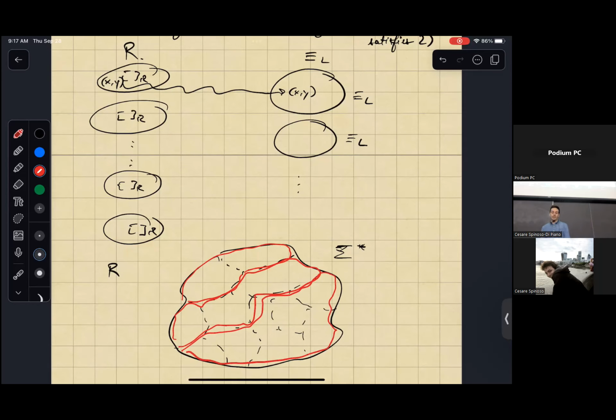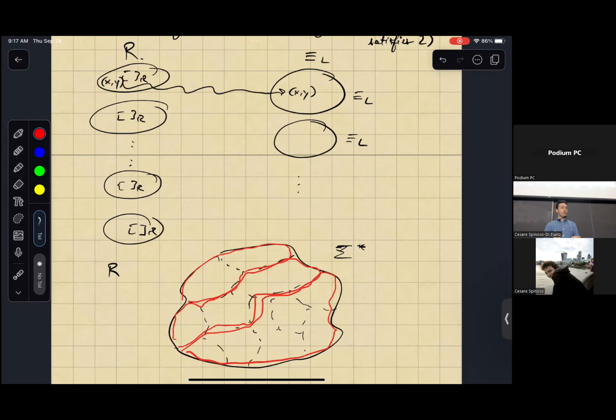So hopefully now you're convinced: I started with, I don't know how many, maybe 10 equivalence classes. But because I know that this equivalence relation is coarser, I only have 3. So of course I have an index which is smaller than the index I started with, and because that index was finite, the other index must also be finite.